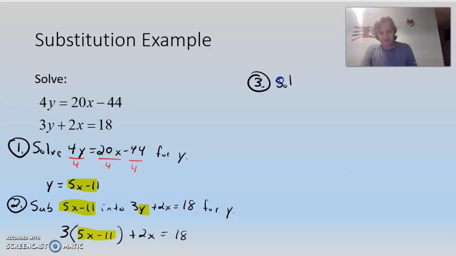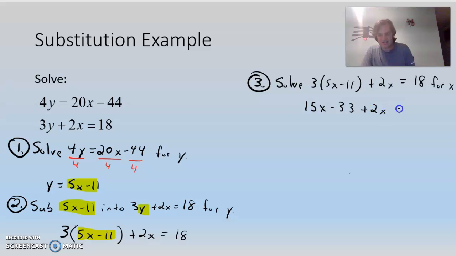So now we want to take step 3 and solve this thing. 3 times the quantity of 5x minus 11 plus 2x equals 18 for x. So let's do that. Let's just clean it up. So we use distributive property since there's no fractions. 15x minus 33 plus 2x equals 18.